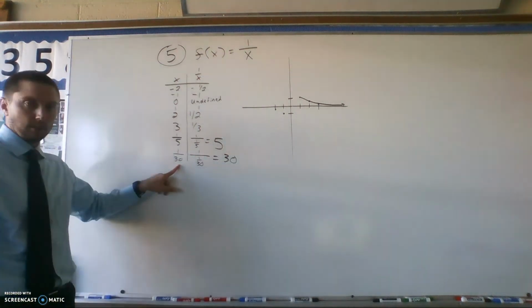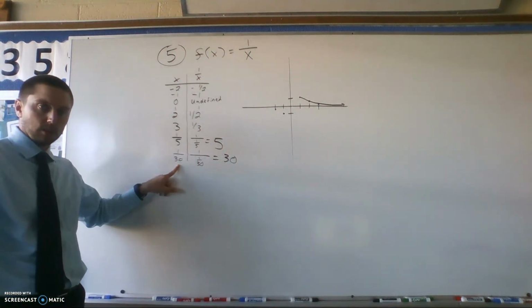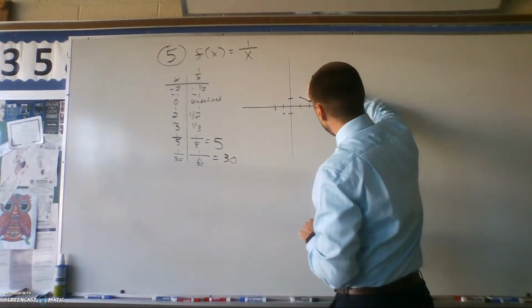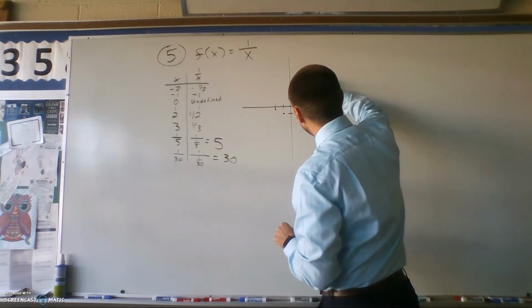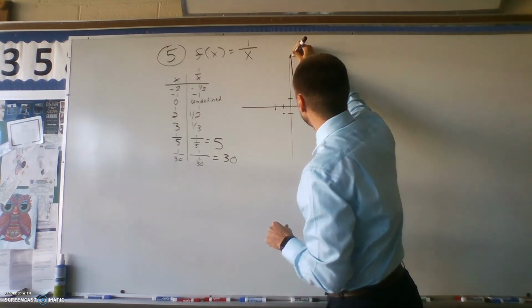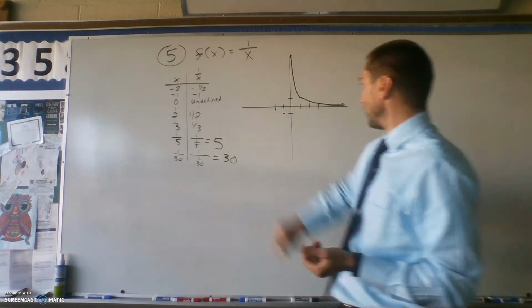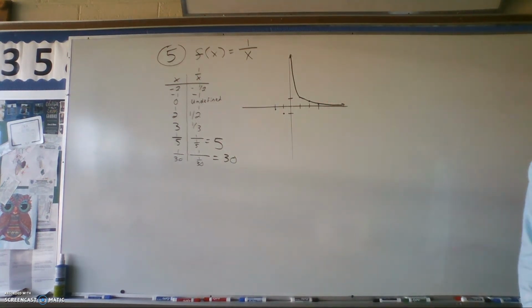So it seems like the smaller my inputs get, the closer to 0, the bigger my outputs are getting. So this part of my graph is going up, up, up. And we know it's not going to touch 0 because when I plug in 0, I get undefined. And that's what that part of my graph looks like.